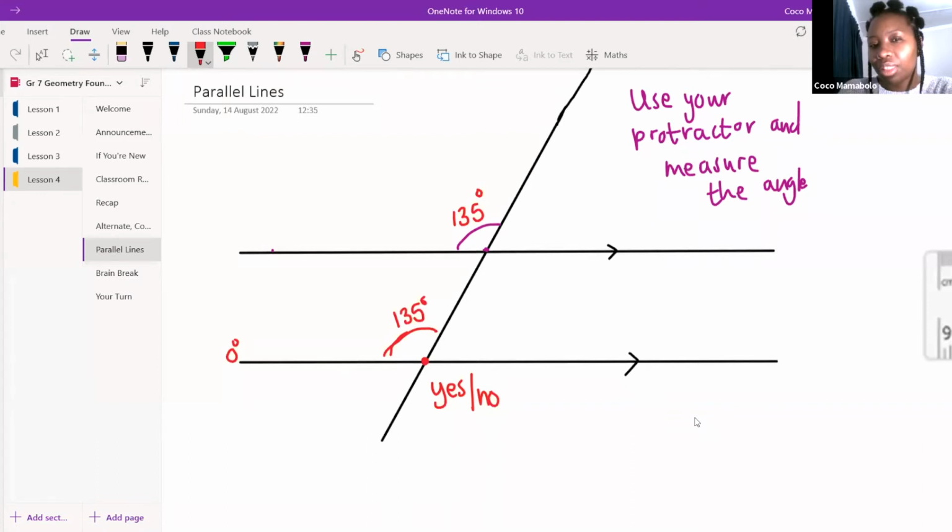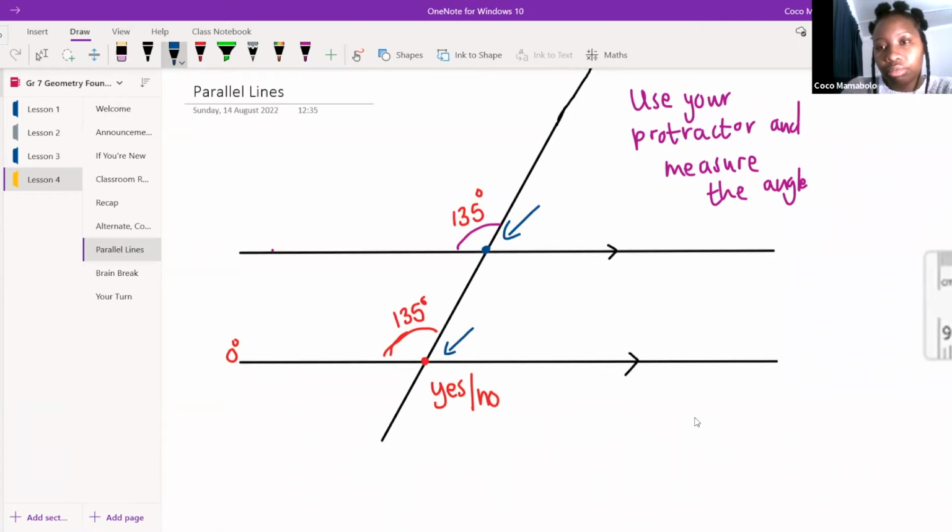I don't know if I'm measuring wrong. You probably are. What angle did you get when you measured up top here? I got the same number I just said, 120. Okay, good. And now when you measure the bottom one, what did you get?